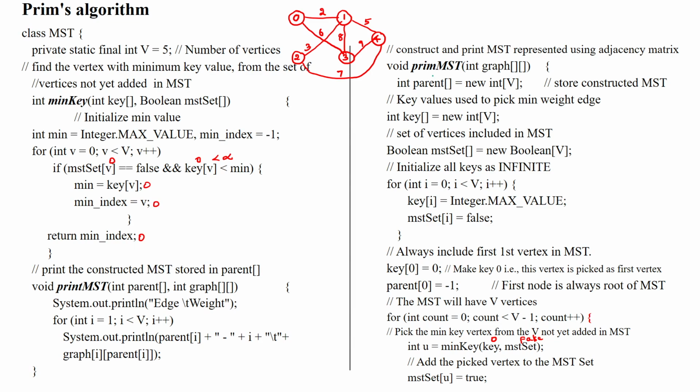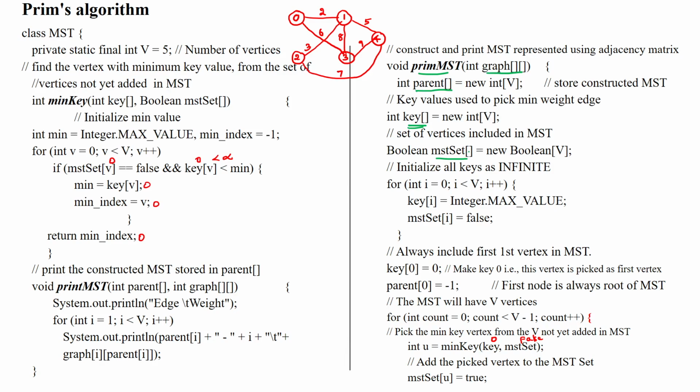spanning tree. So Prim MST takes all the vertices and edge values. Here we are creating the parent array for all the vertices, to store the constructed minimum spanning tree initially. We are also creating the key, where key is the edge cost, and the MST set.